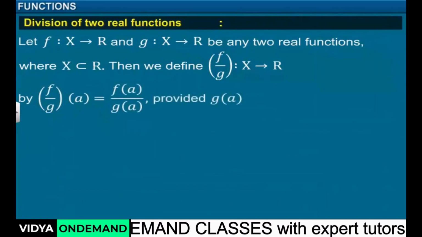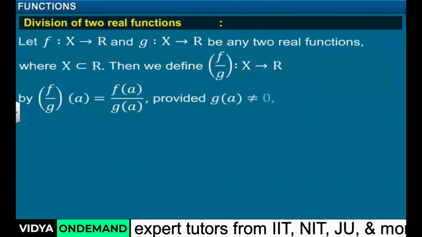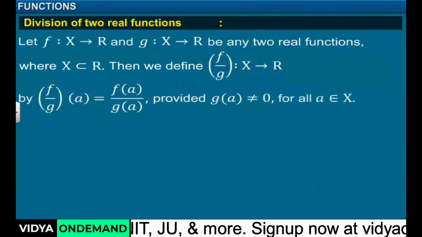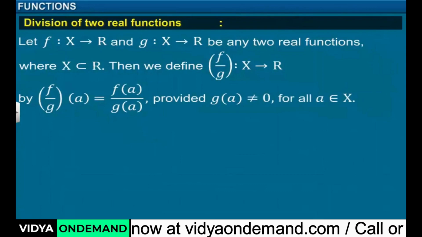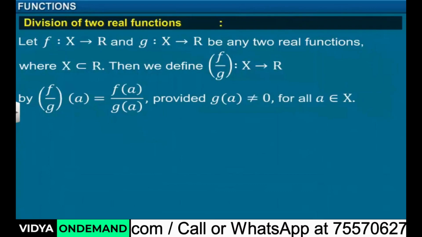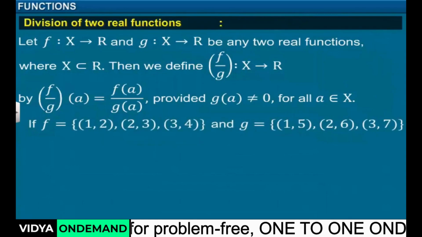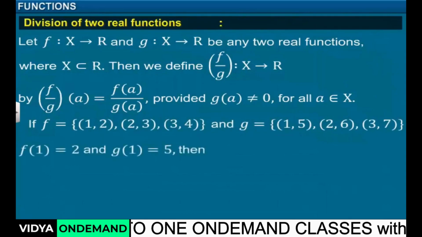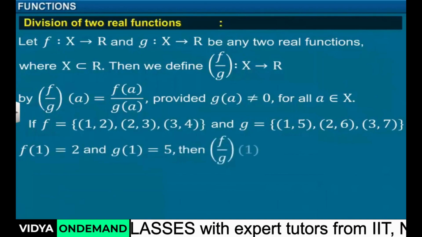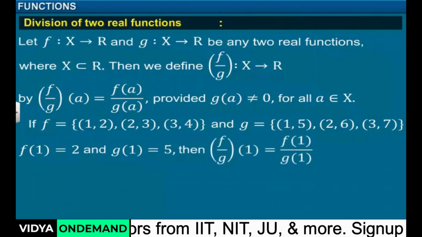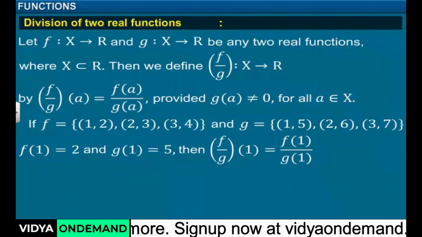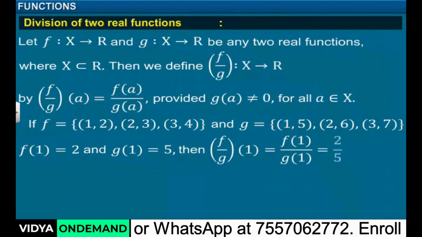Consider sets f and g. (f divided by g) of 1 is equal to f of 1 divided by g of 1. This is equal to 2 divided by 5. This implies the ordered pair (1, 2 divided by 5) belongs to set f divided by g.